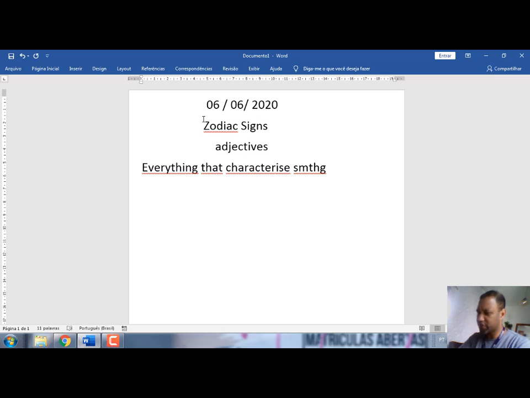We have just seen adjectives in book 2, in the beginning and in the middle of the book, and now we are going to see adjectives one more time, using the zodiac signs.